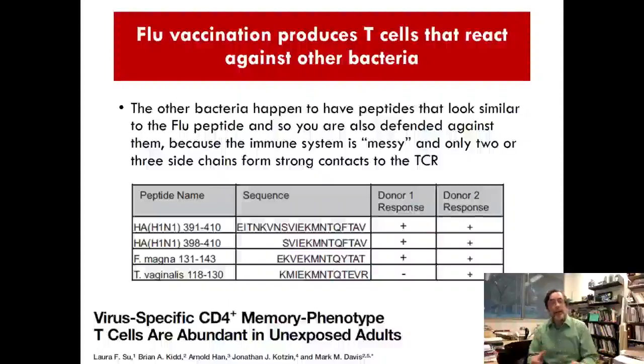And so just by random, you're going to get a KMNTQ somewhere else. Then the T cell sees that, it will react to it. That's the important thing about cross-reactivity. The possibilities of life are limited by the number of amino acids we have. We only have so many letters. And because they're limited, by chance, you will get the exact same situation, the exact same structure in 2 different organisms.